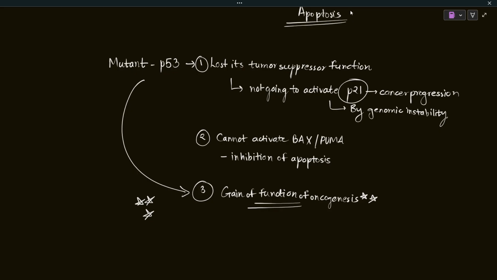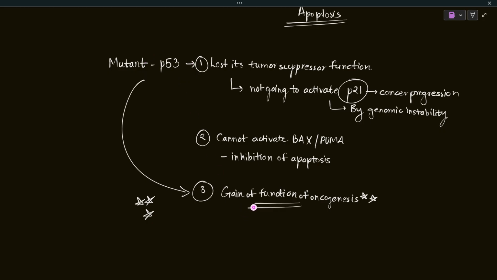Usually, how does a tumor suppressor gene mutation lead to cancer? There is a loss of function mutation. The tumor suppressor gene loses its function of suppressing tumors, which is going to lead to cancer.